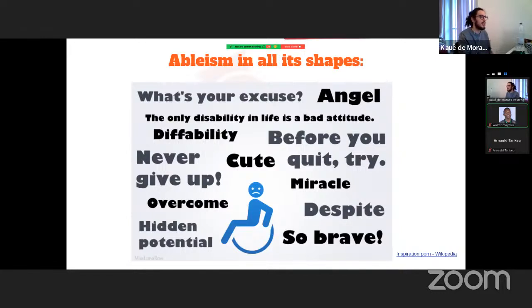We have even terrible and unacceptable sentences like this, and horrible things like these ones, but we can also see things like, oh, you're an angel, you're a hero, you've been such a brave person in this condition. But people with disability just want to experience reality in a normal way.